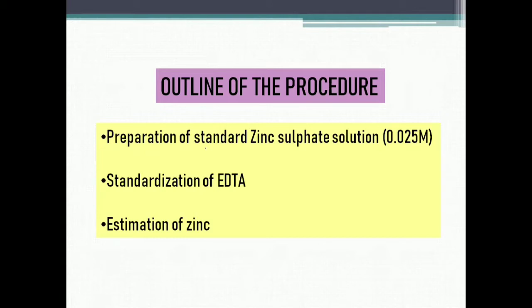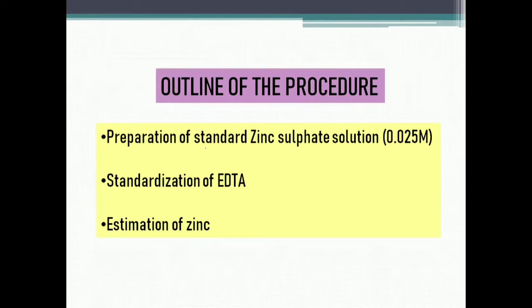The EDTA solution will already be prepared, but we need to know the exact concentration of this EDTA. That's why we're going to standardize this EDTA solution using the standard zinc sulfate solution. First we prepare 0.025 molar solution of zinc sulfate.